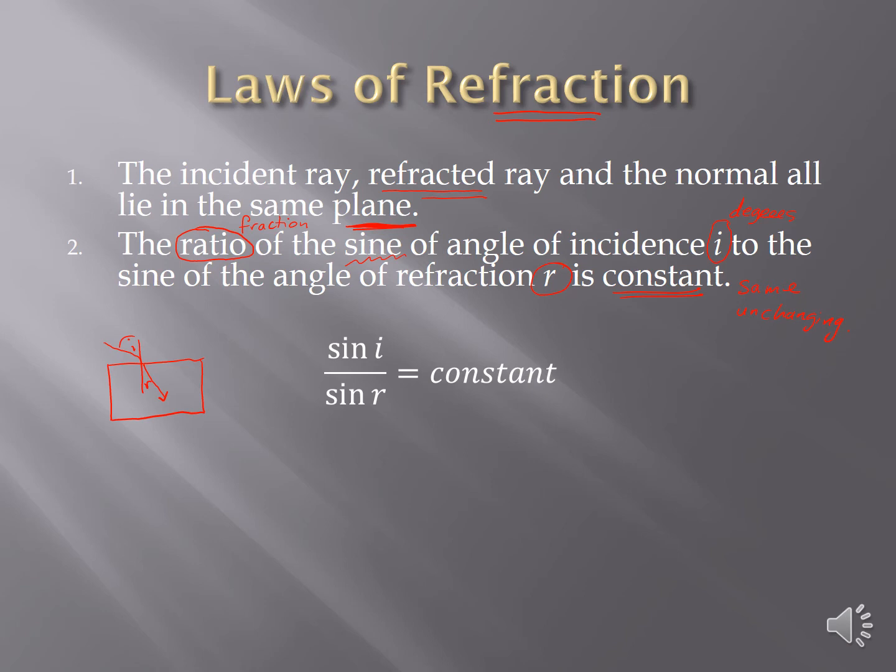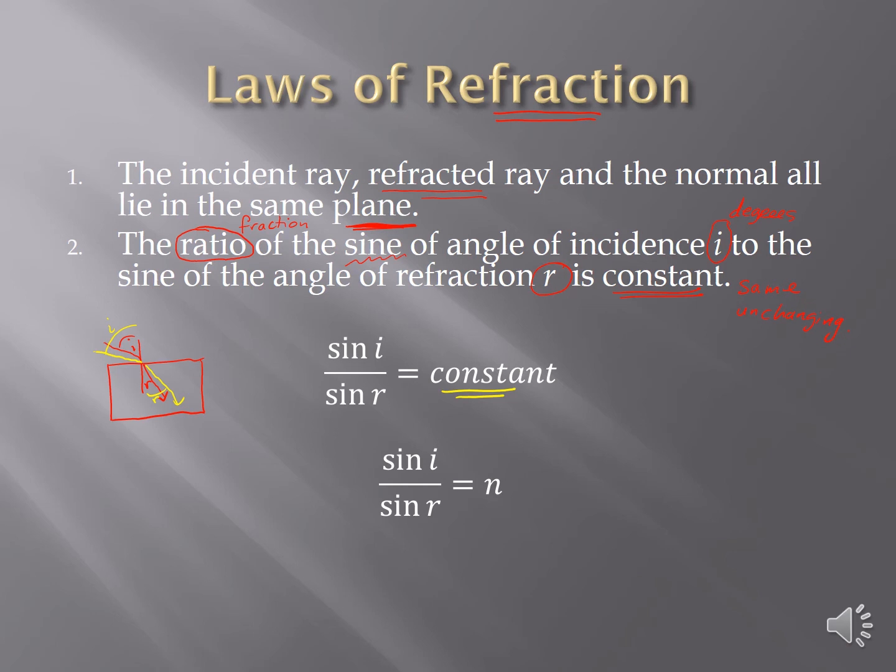If you were instead to send the incident ray in at a different angle, let's choose a different color, we have a different I, well then we'd have a different R also. But the ratio of sine I and sine R for that same block of glass sitting in the same environment always would give this constant, or would give the same answer.